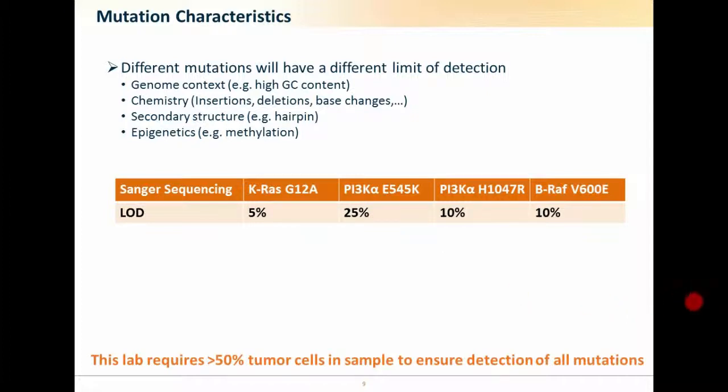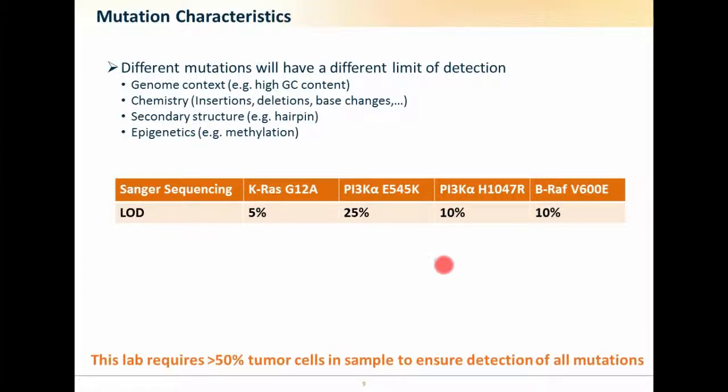Now on this slide, what was interesting is when we sent some of our standards out to one of our partner labs who were running Sanger sequencing, it's actually a very nice data set that highlights that different mutations and different primer sets will give you different limits of detection.